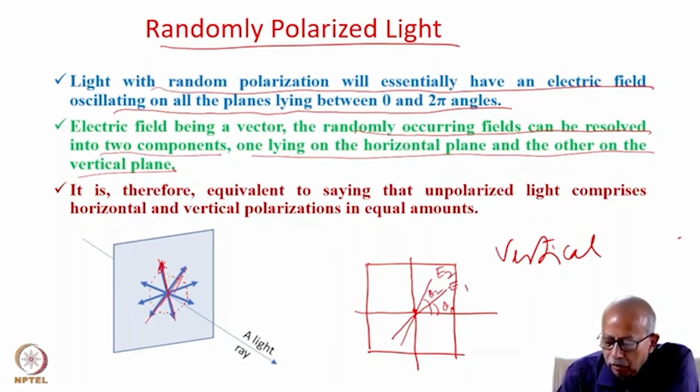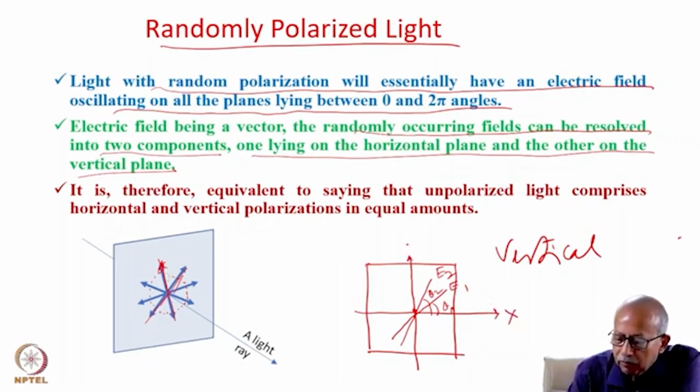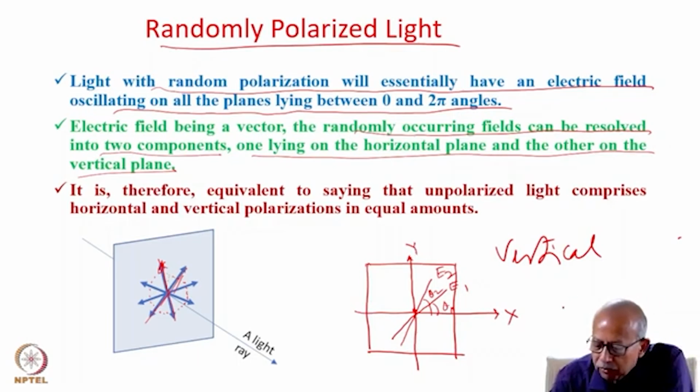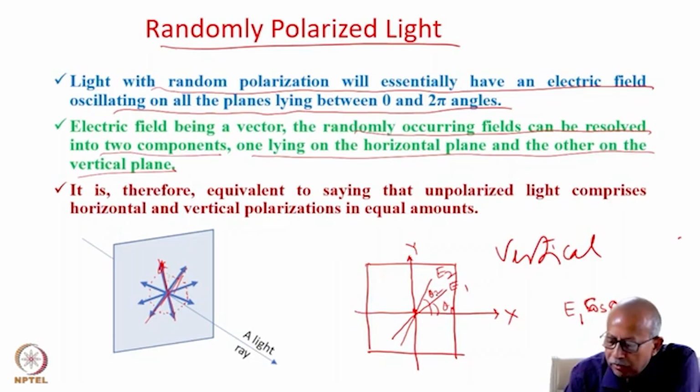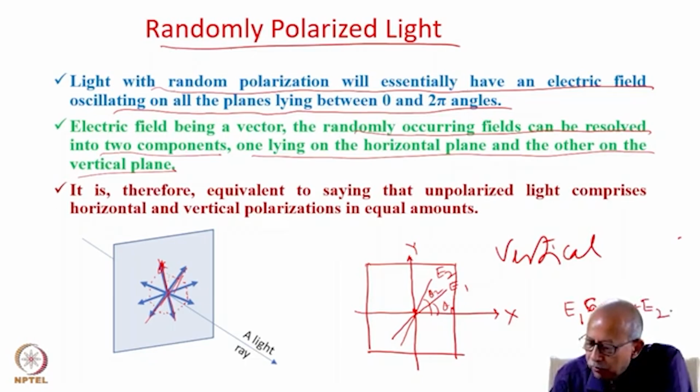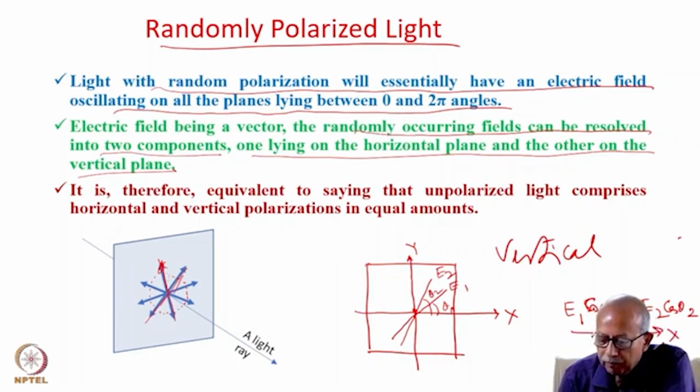Now if we resolve E1 along X and Y, then along X it becomes E1 cos θ1, and the component of E2 along the X direction is E2 cos θ2. This is along the X direction. And E1 sin θ1 plus E2 sin θ2 is along the Y direction.